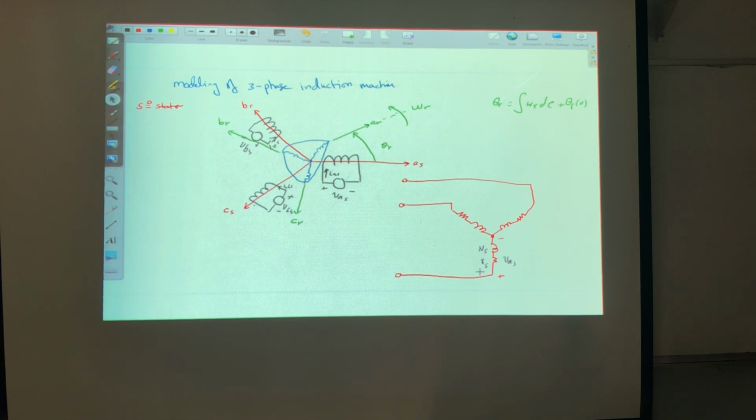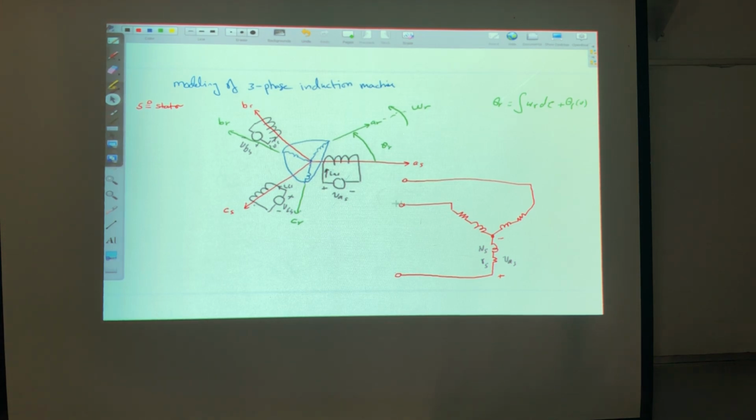But simply here I will not say the number of the turns, I will say the effective number of the turns. Because not all the turns of the coil will participate in generating the flux. There's a leakage of flux, there's a magnetizing flux. So let's assume this NS is the effective number of turns. So here I'm plotting the stator side.